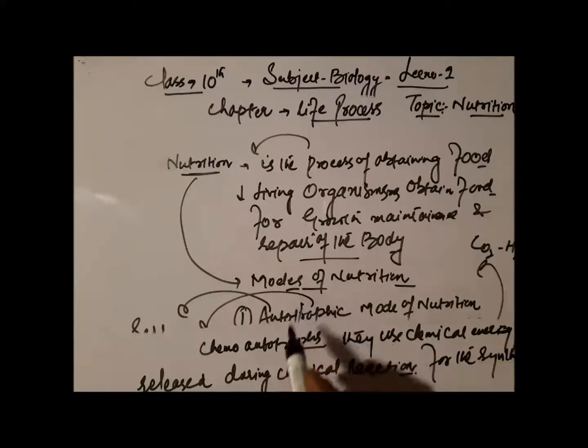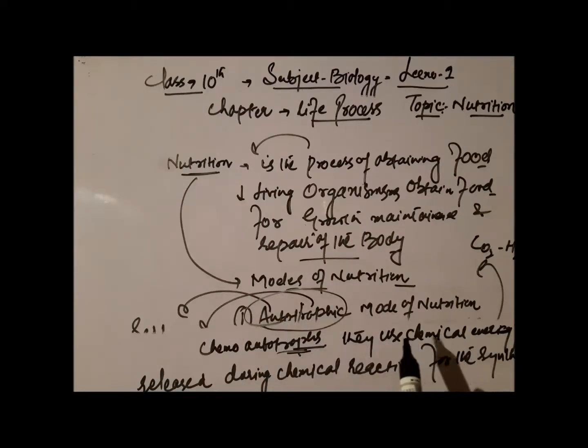So autotrophs are of two types. Number one is photosynthesizers and number two is chemosynthesizers. We can call them photoautotrophs and chemoautotrophs. Photoautotrophs use solar energy for manufacture of their food, and the best example is all the green plants are photosynthesizers. The chemosynthesizers use chemical energy released during chemical reactions for the synthesis of their food.